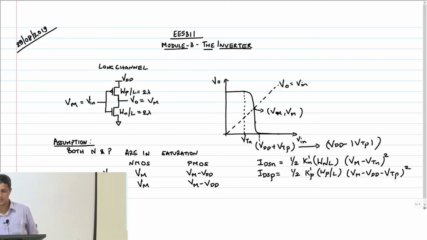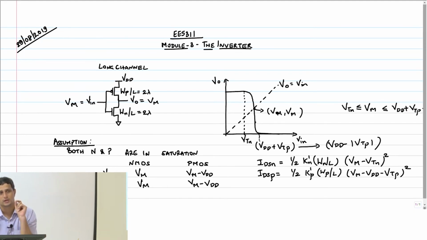So Vm is between these two values. Vm is necessarily greater than Vtn, otherwise the NMOS will not turn on, right? And it is also less than Vdd plus Vtp.